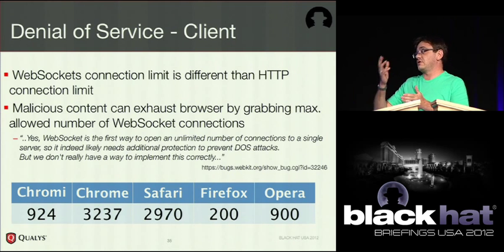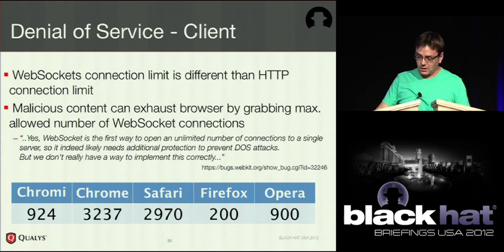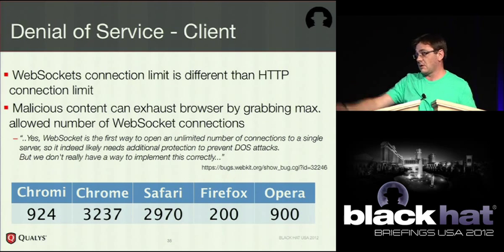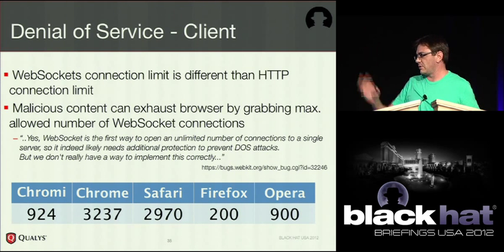For example, Firefox limits concurrent HTTP connections to the same domain to 6 or 4, some low number. With WebSockets, numbers are totally different. Experimentally, I tried and the numbers look like this in this table. In Firefox it's not hard-coded; the default value is 200. We can change it from the about:config window.